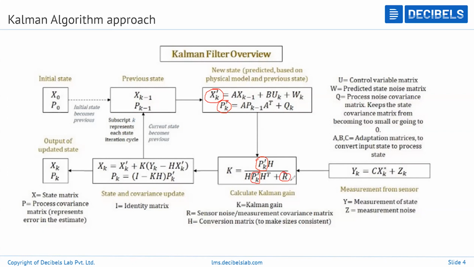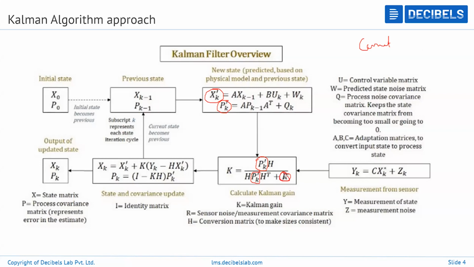So this R, we call it the sensor noise. When you take up the measurement, for example the current or the voltage of the cell that you sense from the sensor, based on the accuracy of your sensor, this sensor noise is represented.